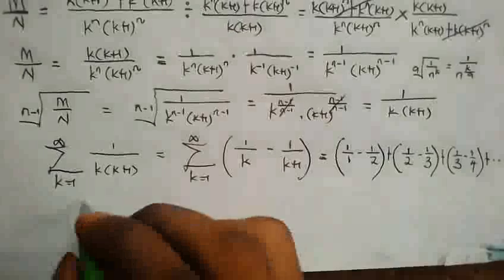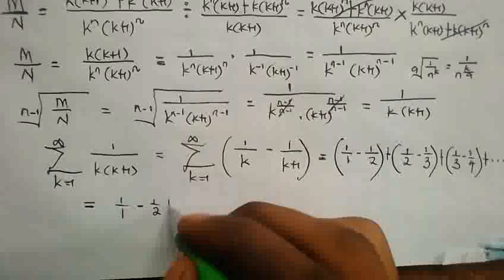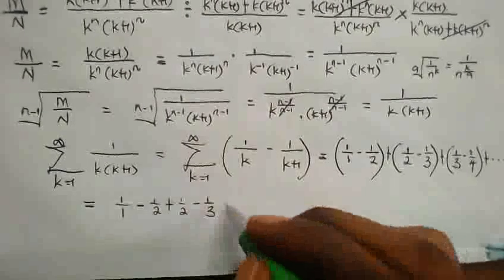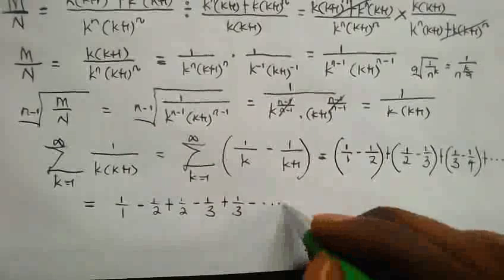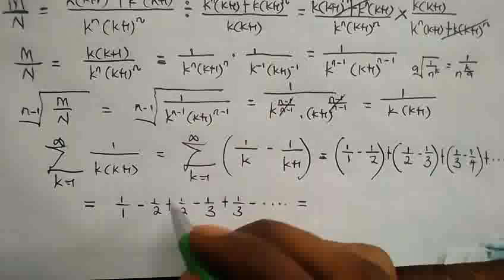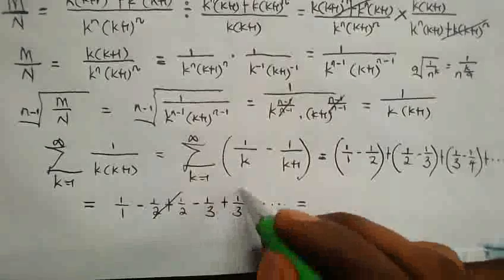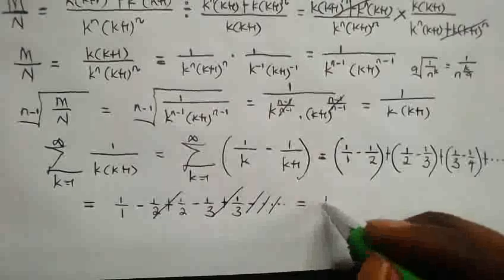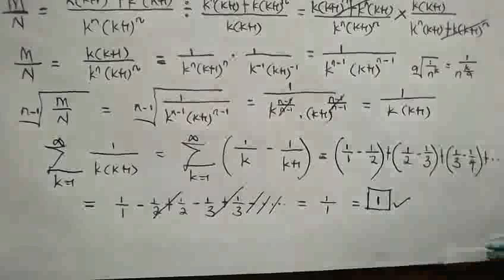So this is equal to 1 over 1 minus 1 over 2 plus 1 over 2 minus 1 over 3 plus 1 over 3 minus, and so on. And this is equal to, you know, negative 1 over 2 plus 1 over 2 is gone. Negative 1 over 3 plus 1 over 3 is gone. This cancellation continues forever, and here we just have 1 over 1. And this is just equal to 1. And this is our final answer.